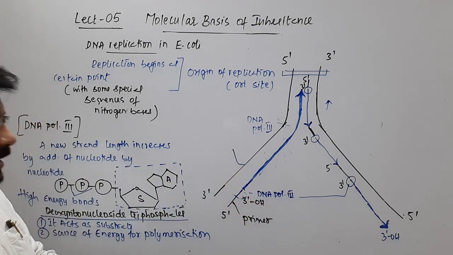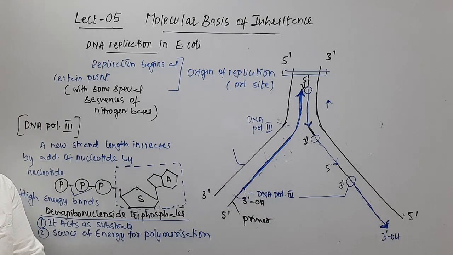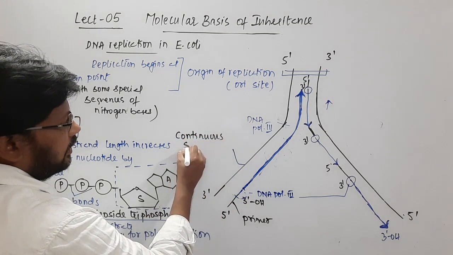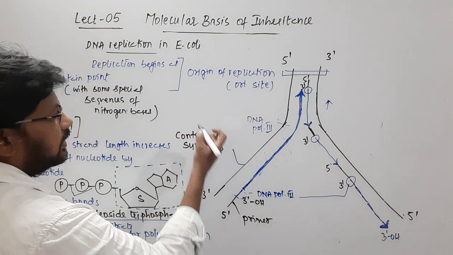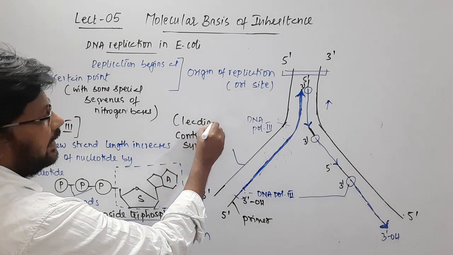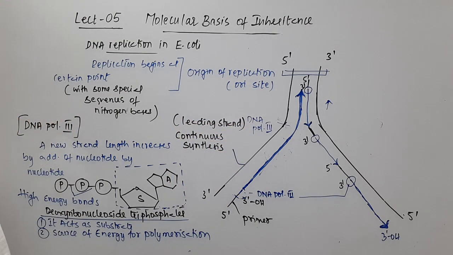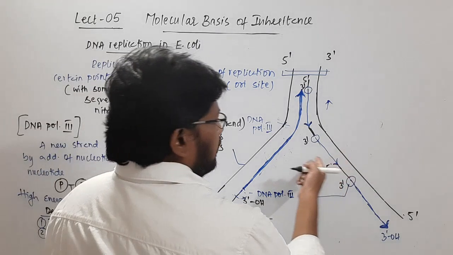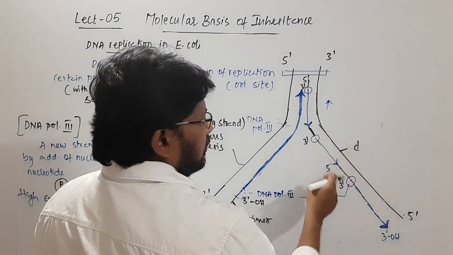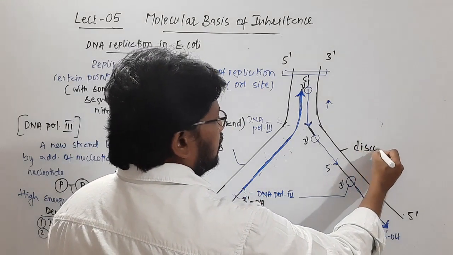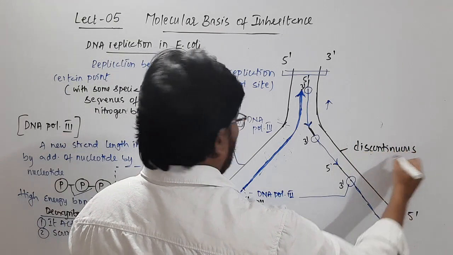Hence, the strand on which there is continuous synthesis is called the leading strand. So this is called the leading strand. On the other strand, the new strands are synthesized in fragments, so this is called discontinuous synthesis.